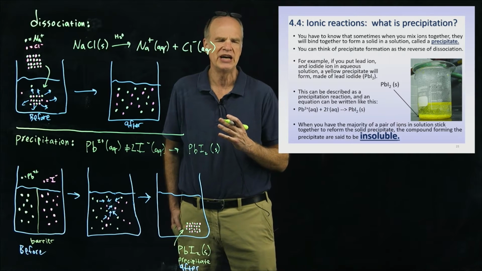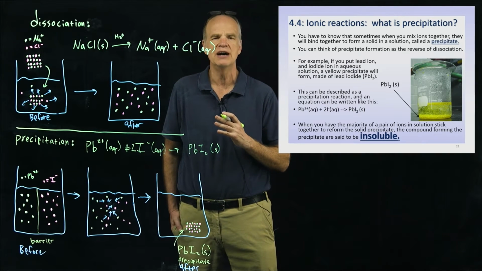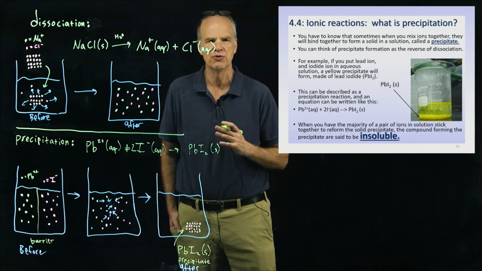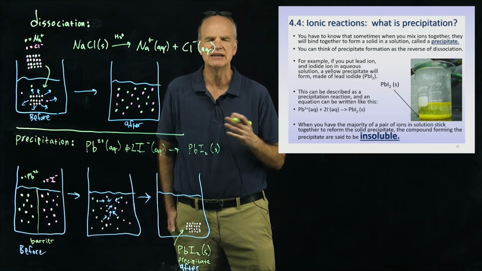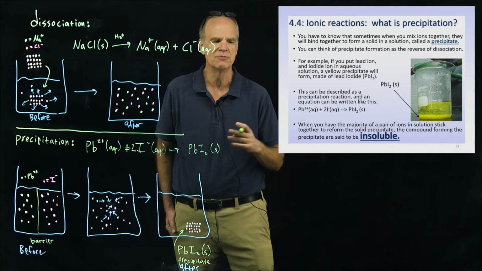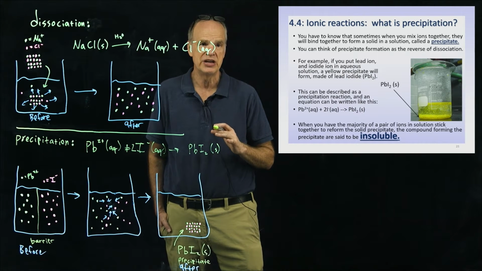But most of the time that doesn't happen. You will have a lot of ions ordered, but you'll have some ions that are kind of disordered. And so the solid will probably appear to have sort of a muddy appearance in the water, and that's still a precipitate.